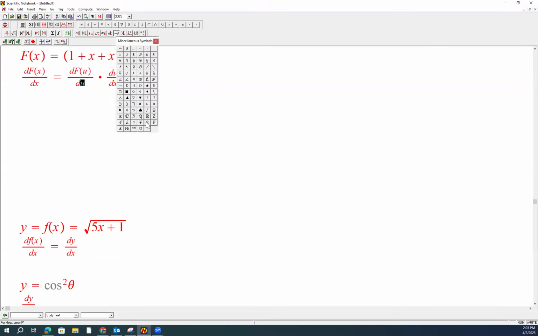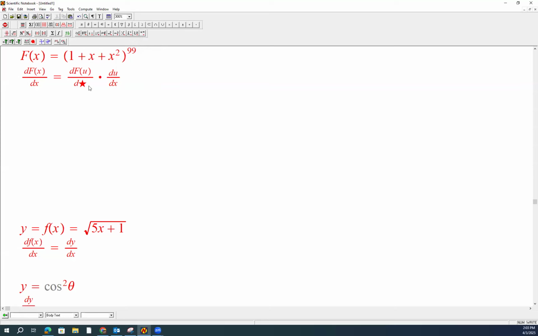So this will be the bologna. You divide by bologna, multiply by bologna. But by differentiating with respect to bologna, we're differentiating a simpler function. That's the simple part, and then we take care of the bologna part, if that helps. Okay, so once again, let's do it one more time.